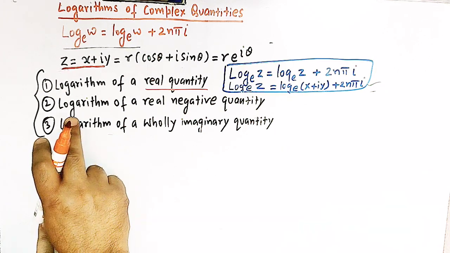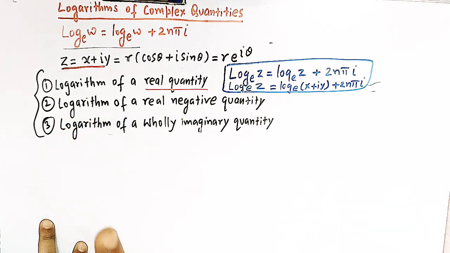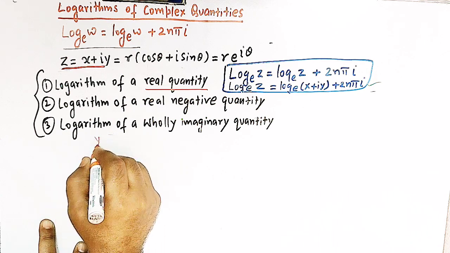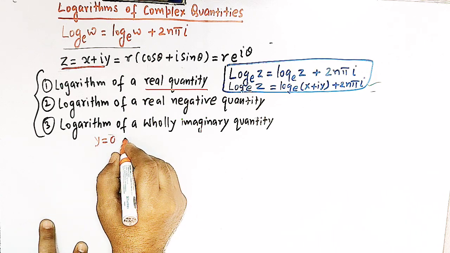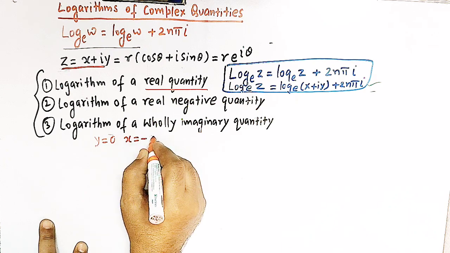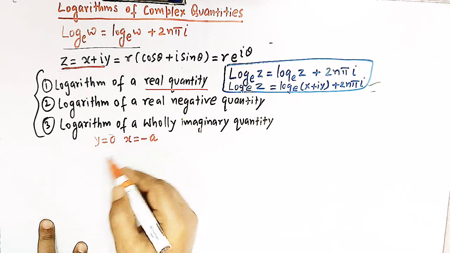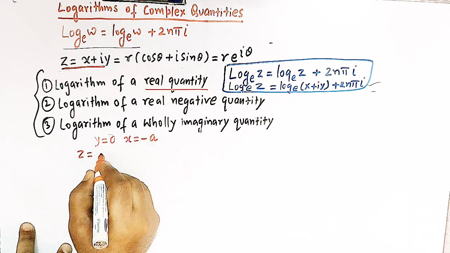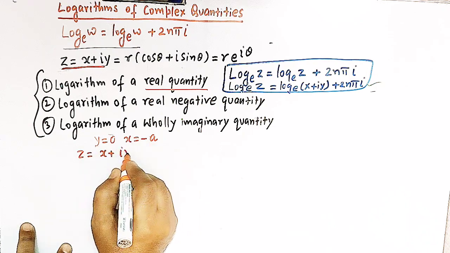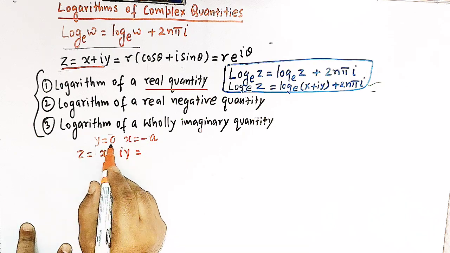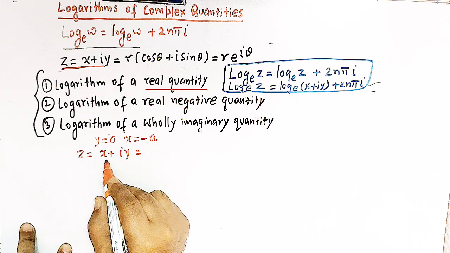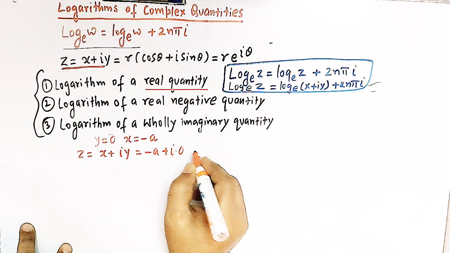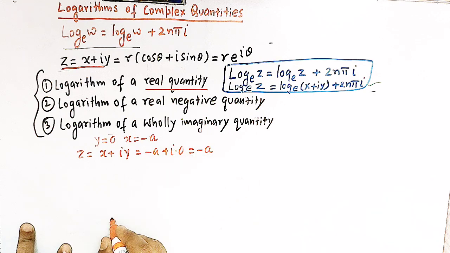Now consider the second case, the logarithm of a real negative quantity, right? So here we'll take y equal to 0 and x equal to minus a, where a is some real number, right? Here z is equal to x plus iota y. So taking y equal to 0 and x equal to minus a, we have minus a plus I times 0, that is equal to minus a.